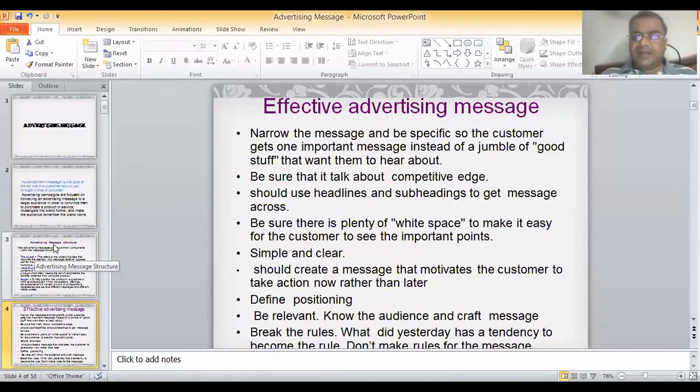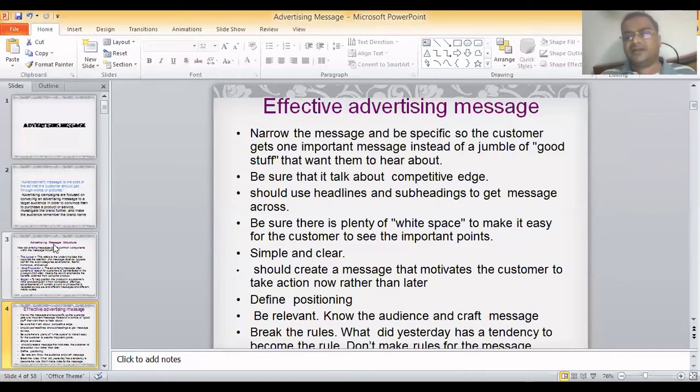Now, next is be relevant. Relevant is nothing but your message should be as per the timing. If summers are coming, then your advertising message should not relate to winters while you are showing it in summers.